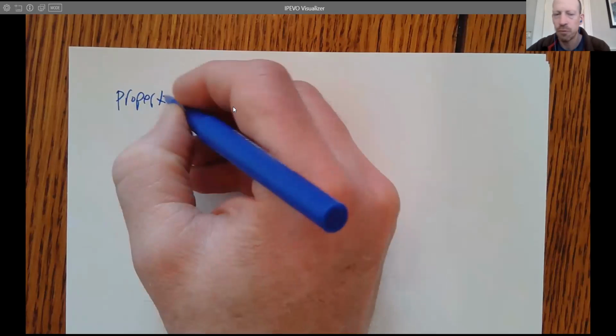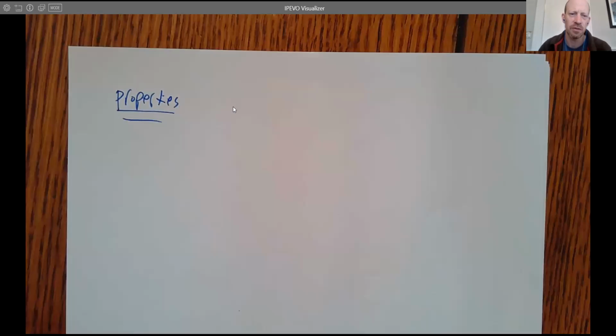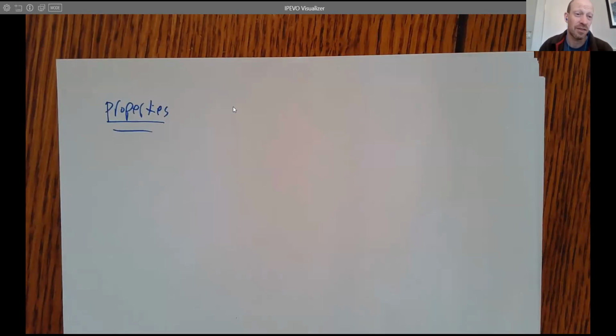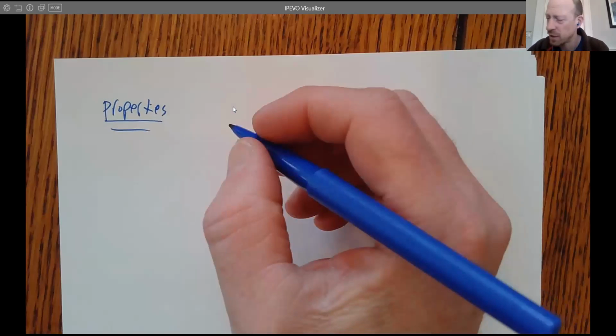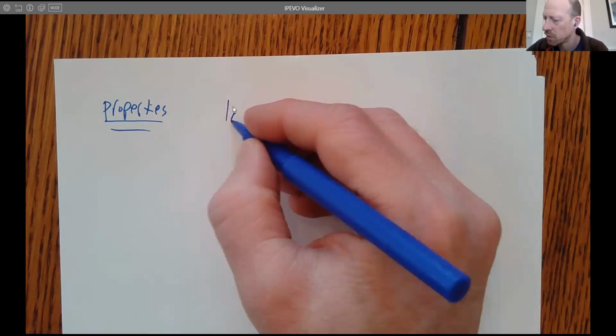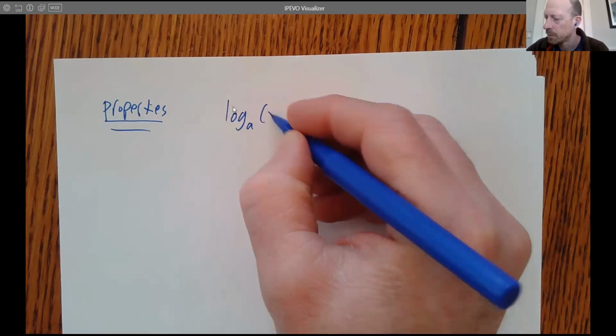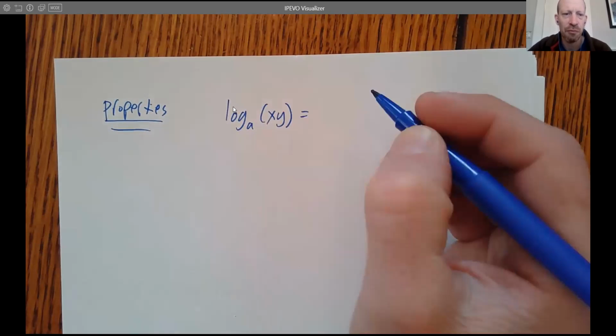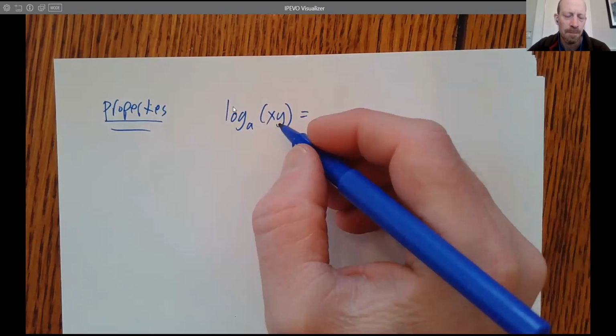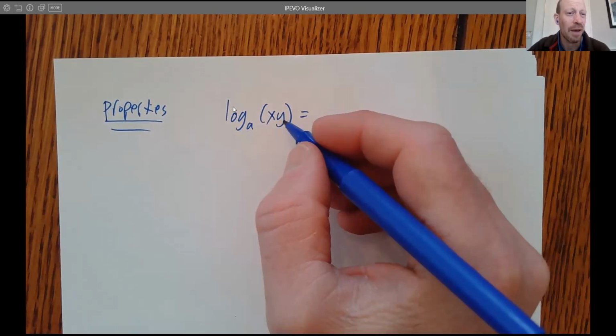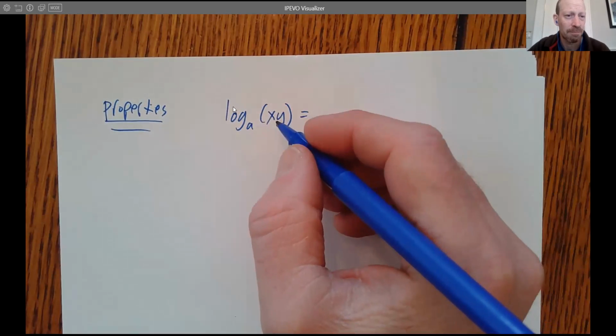There are also a couple properties of logarithms, just ways that logarithms work. And they do work a little differently than other types of expressions. If you have a logarithm of a product, remember that when you multiply two things together, you add their exponents.